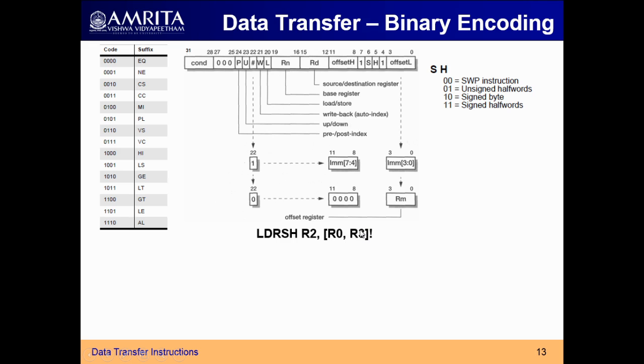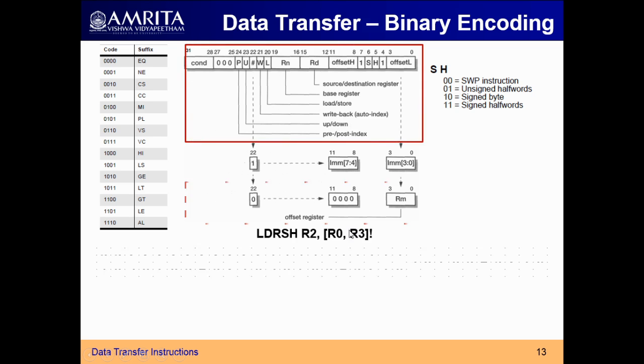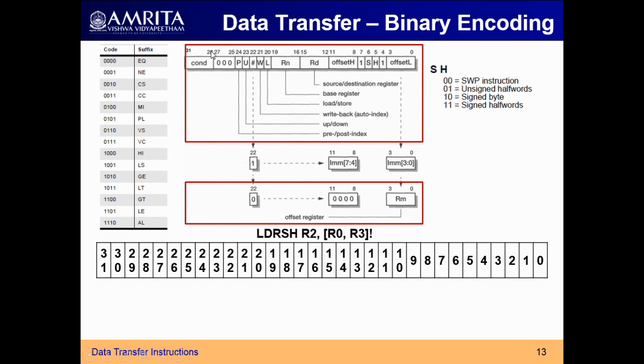So R3 will be my offset register. For encoding, since you are using an offset register, you should omit the part where you use the immediate value. Since you are using an offset value stored in a register, you should use this section.